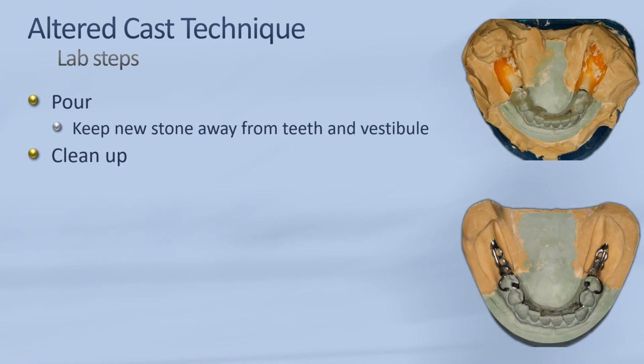This is an example of an impression that was just poured. And this is the bottom part of the slide. You can see what the altered cast impression cast looks like after it was cleaned up.